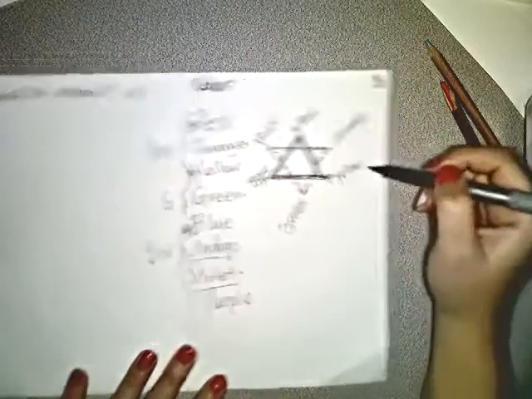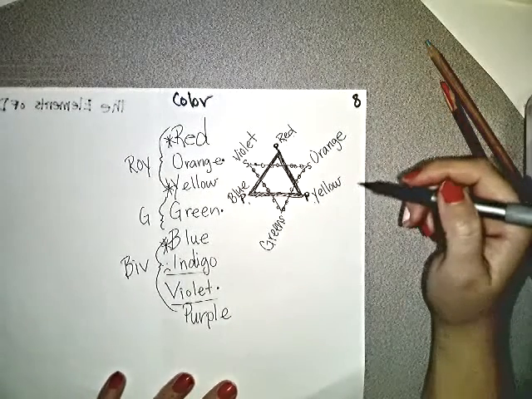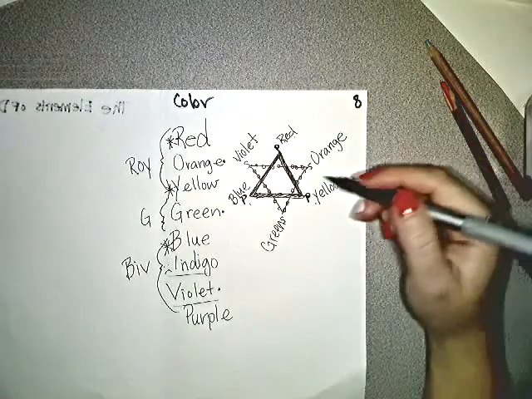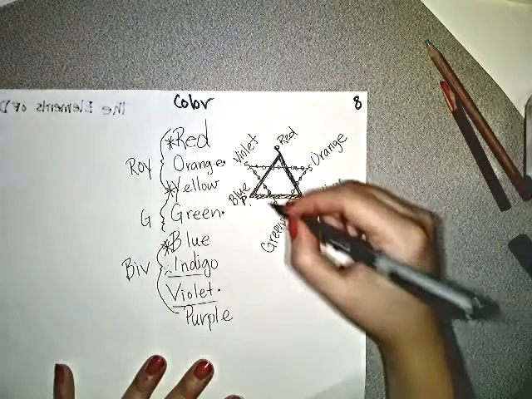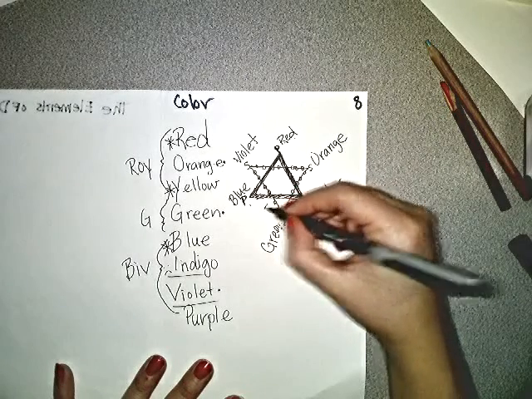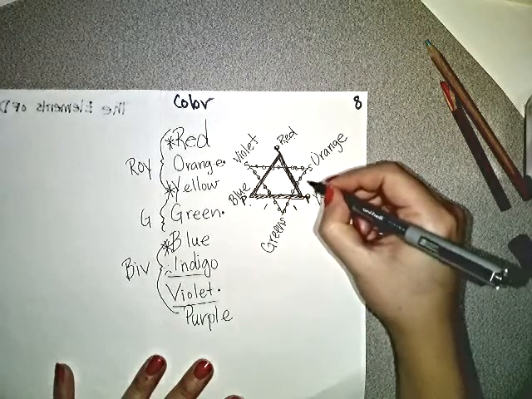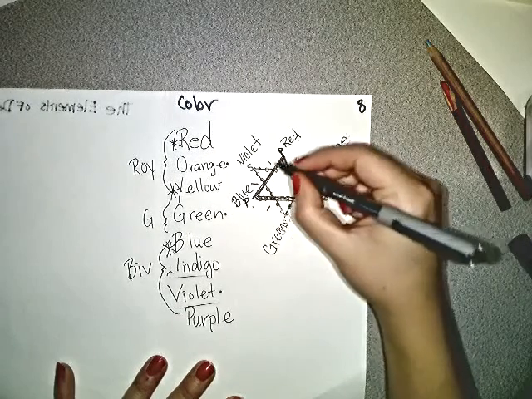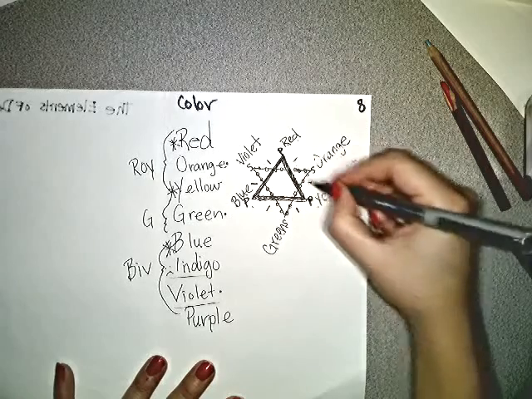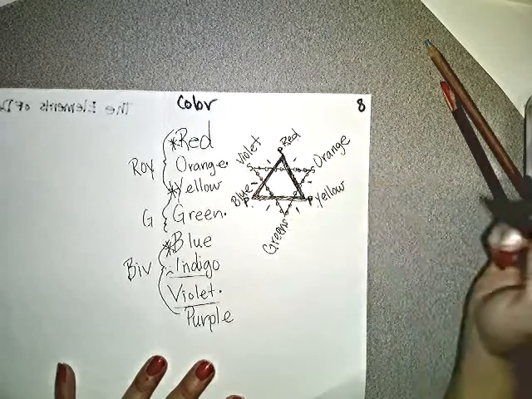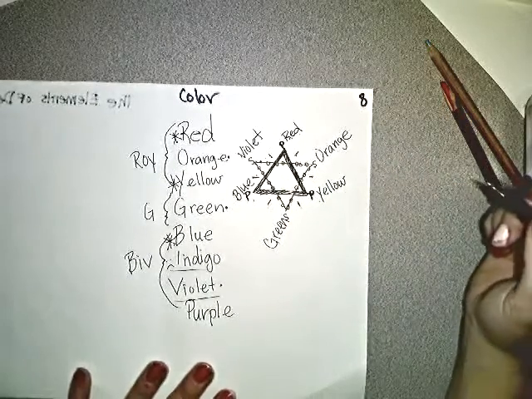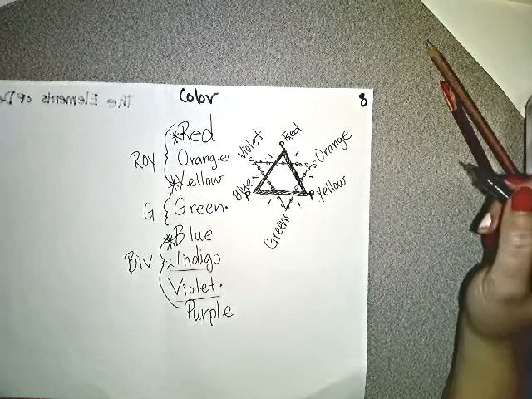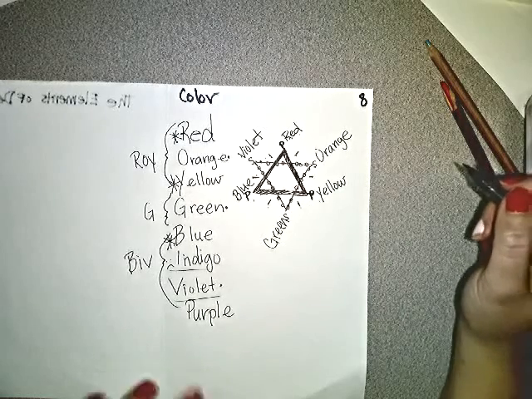So right now I only have 6 colors on my little color wheel. But there's more colors to go in between. I'm just going to make a line between each of these triangles. And when I count them up, there's 6. 1, 2, 3, 4, 5, 6. I'm just going to be writing initials because I'm running out of room, and I'll show you what those initials mean.